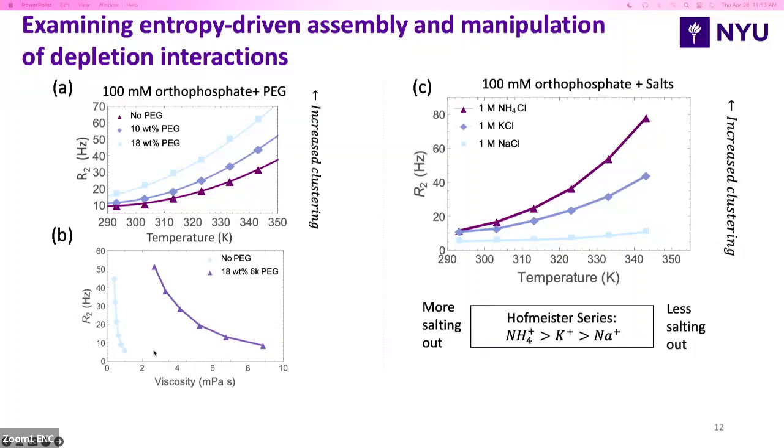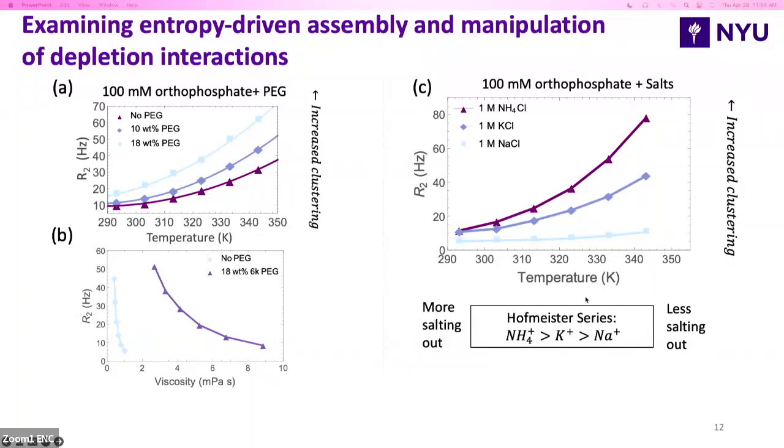Plus, the line-width-derived R2 in the absence of PEG and in 18% PEG as a function of viscosity indicate that the line broadening cannot be considered solely due to the changes in the solution viscosity from the PEG, because these two lines are not superimposed.